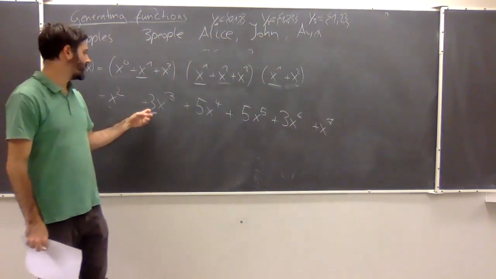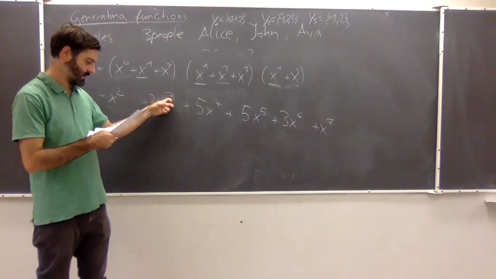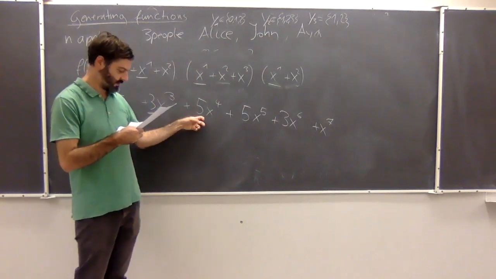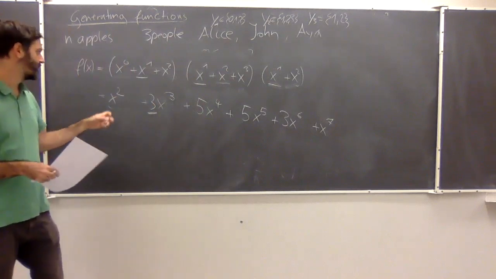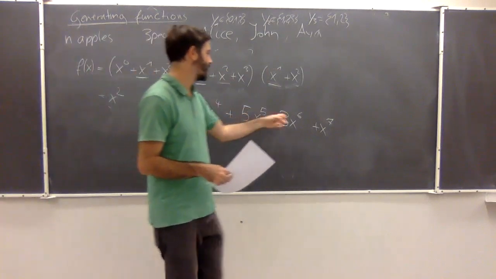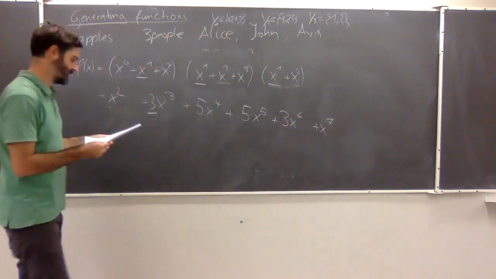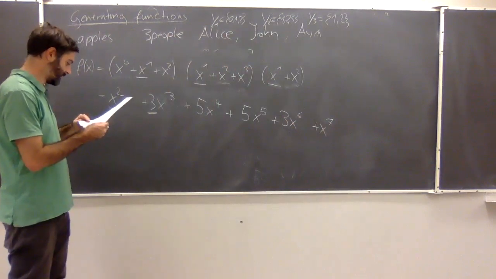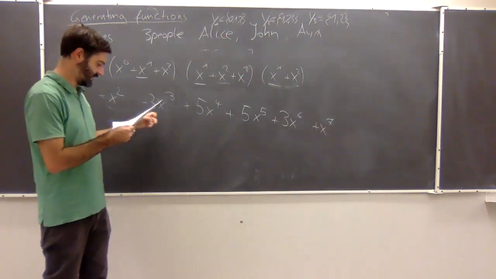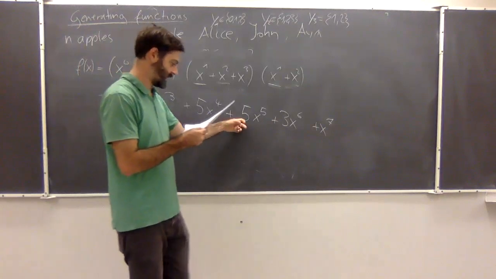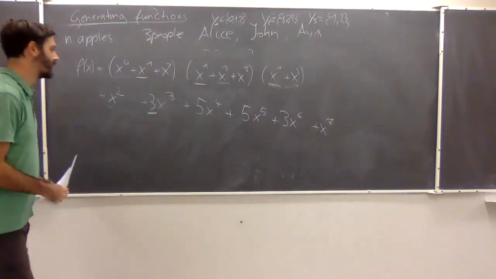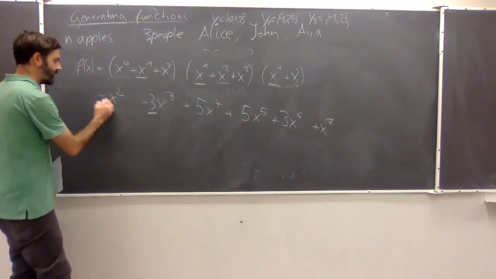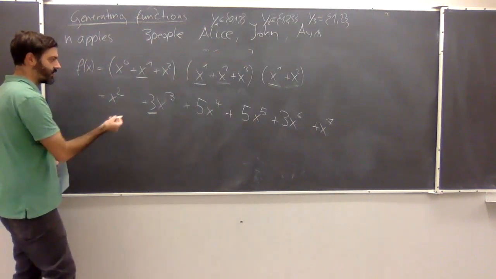x to the power 2 plus 3 x to the 3 plus 5 x to the 4. Let me check: this is 2, 3, 4, 5, 6, 7, and the coefficients should be 1, 3, 5, 5, 3, 1. Okay, perfect. And you see my sequence here.